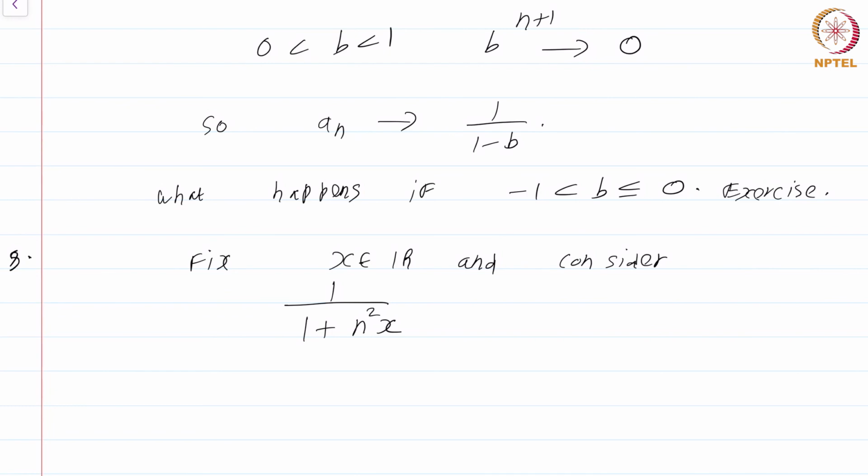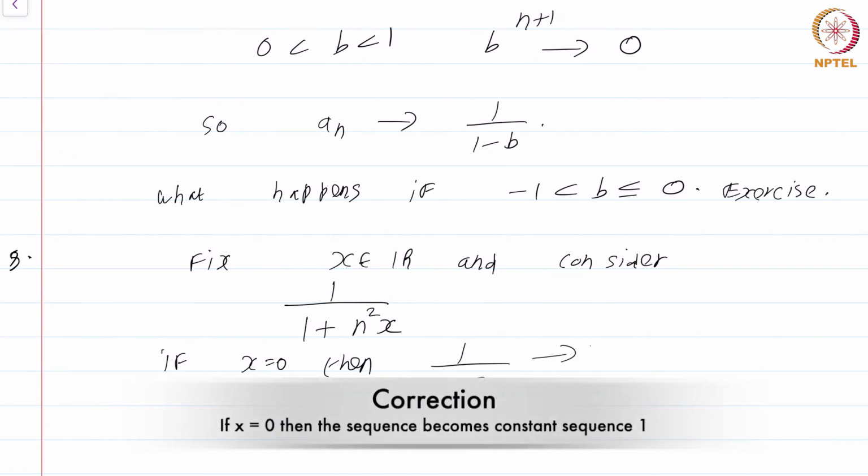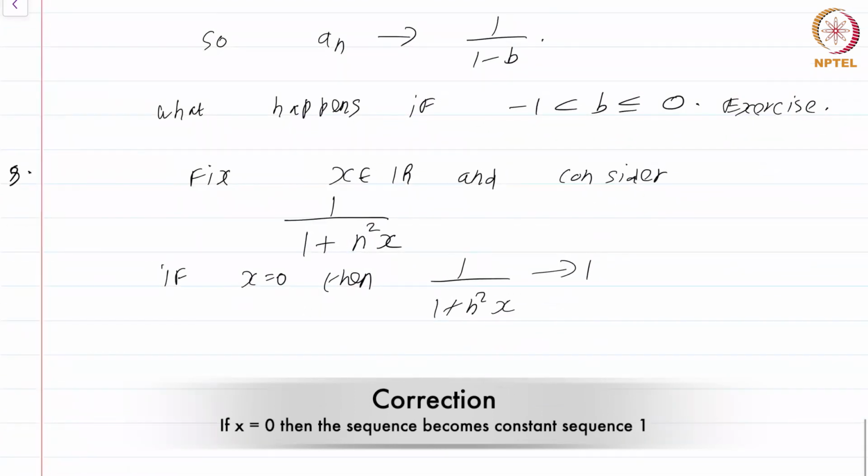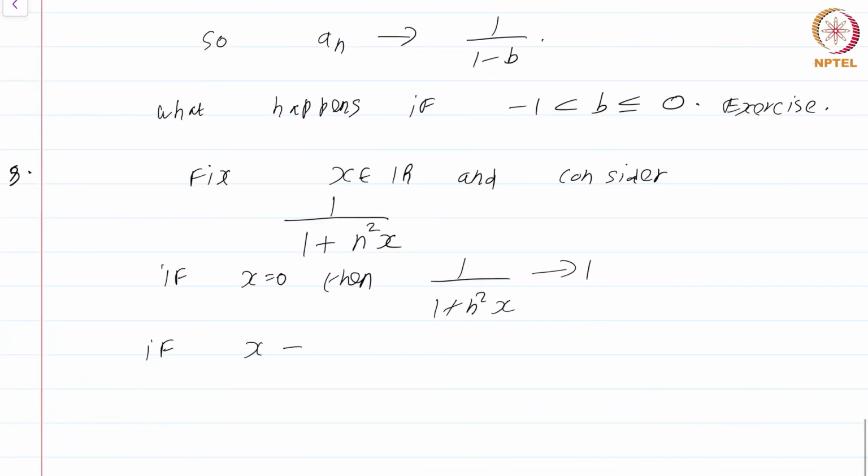We want to show that if x is 0, then 1/(1 + n^2 x) converges to 1. There is nothing to show because this will just become 1. Now, if x is not 0, then 1/(1 + n^2 x) converges to, as you can guess, 0.